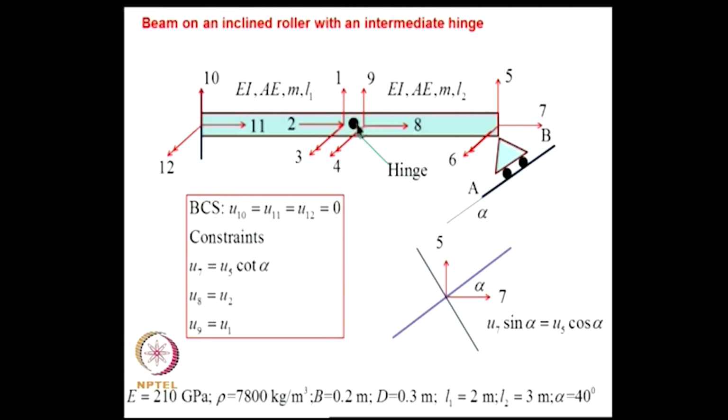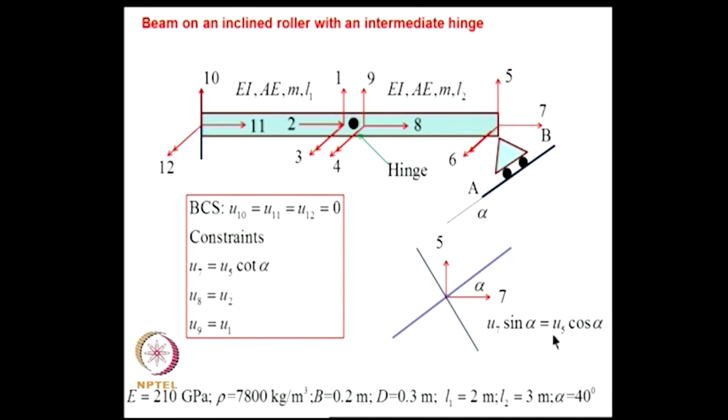Now, the boundary conditions are U10 is 0, U11 is 0, U12 is 0. What I have done is made two elements here, and the degrees of freedom are labeled as shown here. The constraint equations are: the translation normal to line AB is 0, therefore, if you pay attention here, I will have U5 cos alpha must be equal to U7 sin alpha.